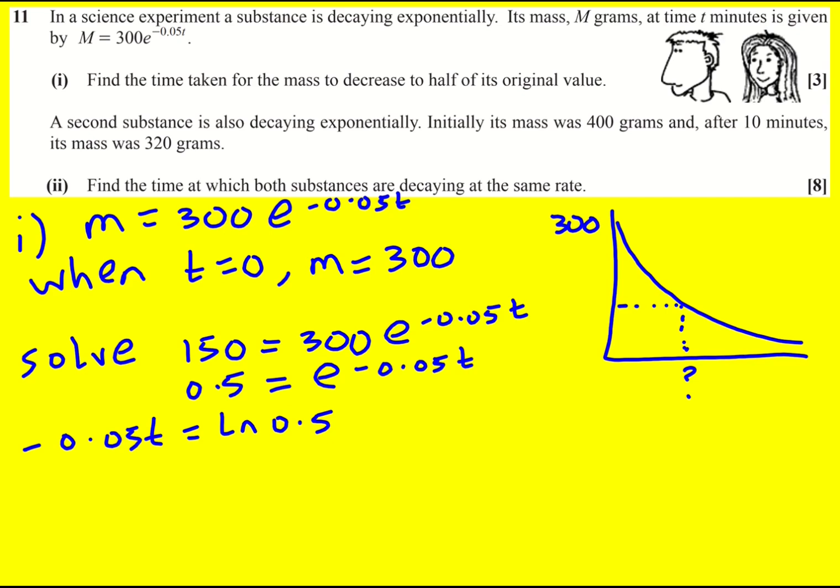You can alternatively take ln of both sides. You get ln 0.5 is ln e to the minus 0.05t. Bring the minus 0.05t down, and then the ln e cancels. So t is going to be ln of 0.5, which is negative, divided by negative 0.05, so we get a positive at the end.